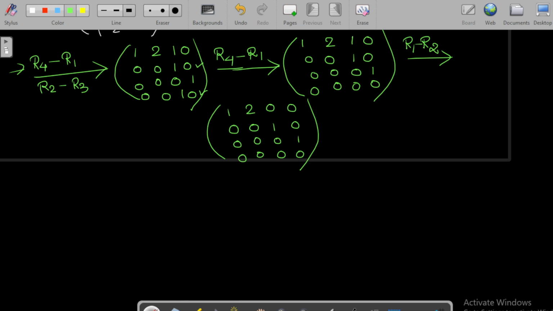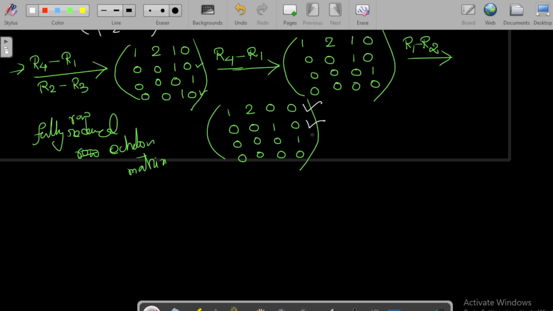Now let us observe this matrix. This is a fully row reduced echelon matrix. Now observe the number of non-zero rows. This is a non-zero row, this is also a non-zero row, this is also a non-zero row, except this is the zero row. All the elements are 0.